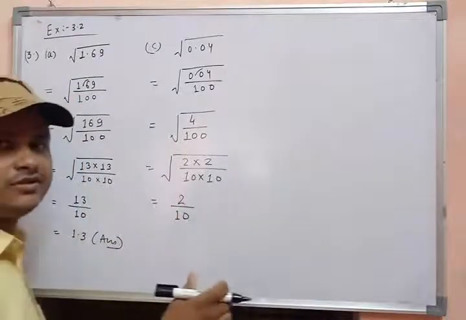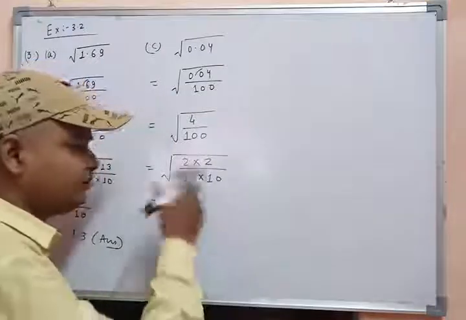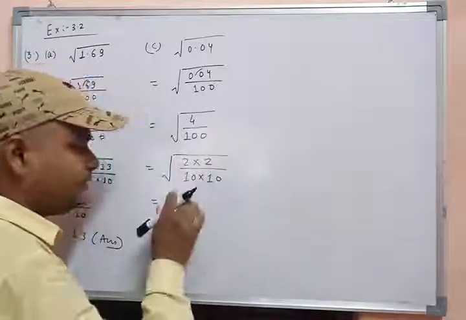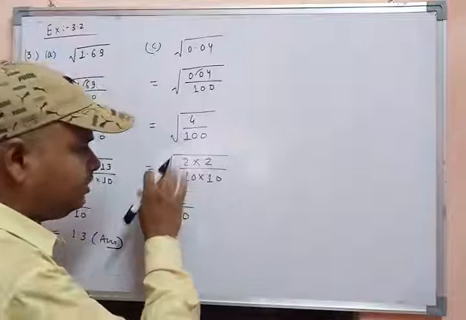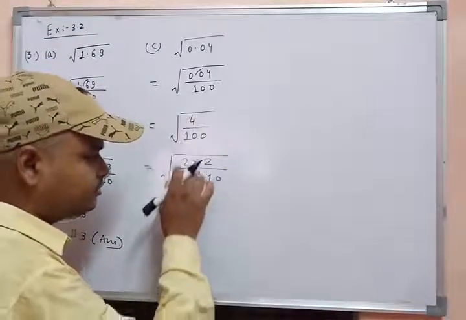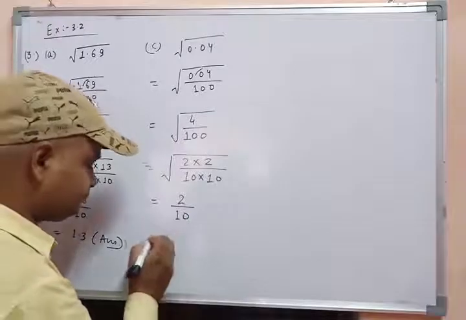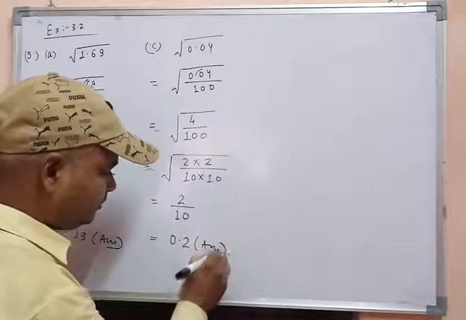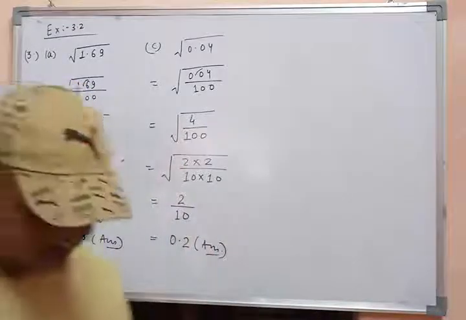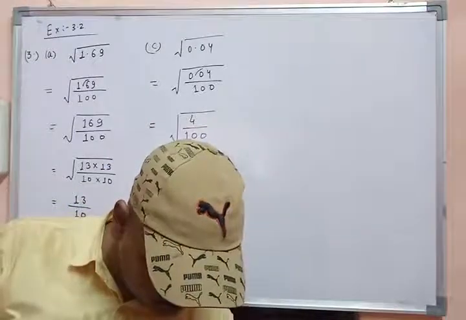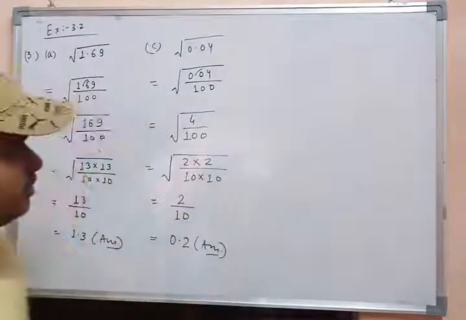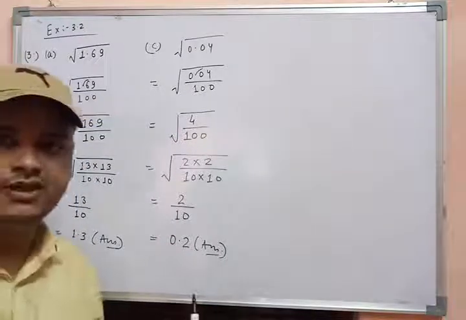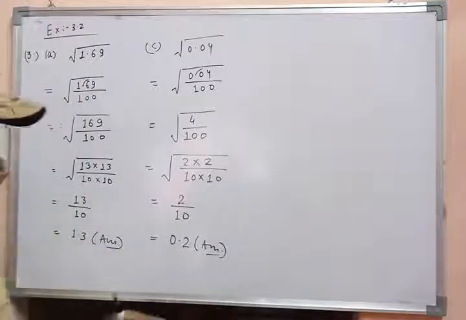Students, I have explained how we can remove the symbol of square root: if you want to remove it, then you have to write only a single factor. Now it can be written as 0.2, because it is a decimal fraction, so it can be written as a decimal. So students, before moving to our next question, pause the video to note it down in your copy or take a screenshot.